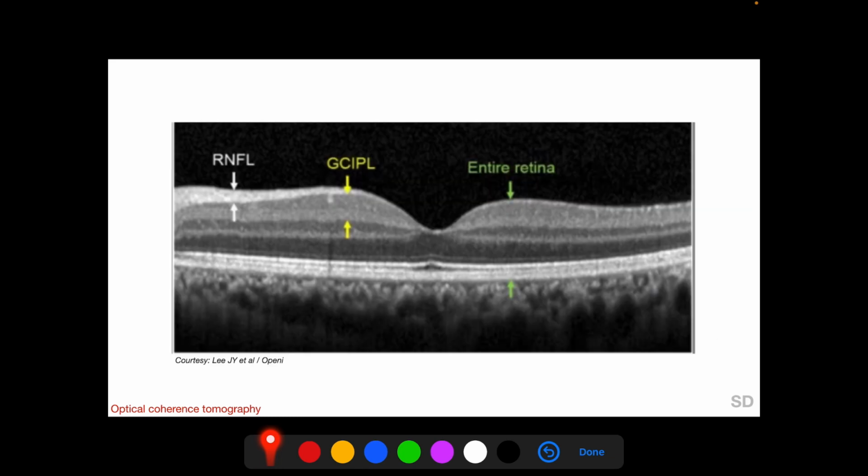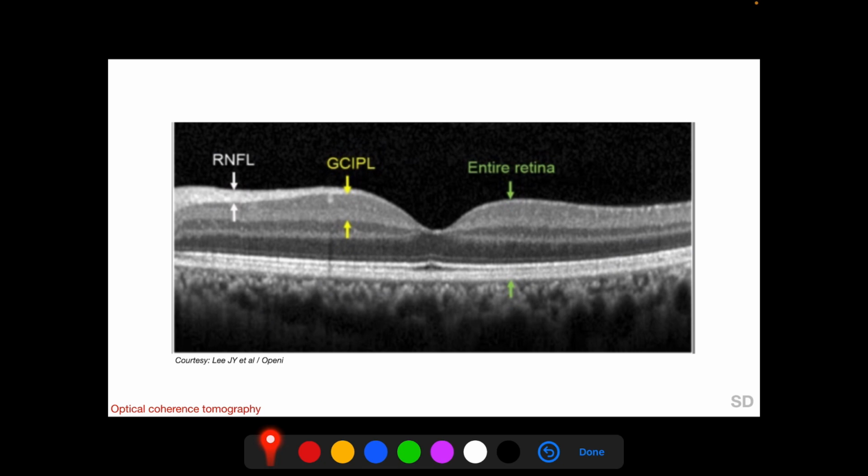So this figure shows what we mean by PRNFL thickness and what we mean by GCIPL thickness. PRNFL thickness measures the thickness only of the retinal nerve fiber layer, and this is thickest near the optic disc.